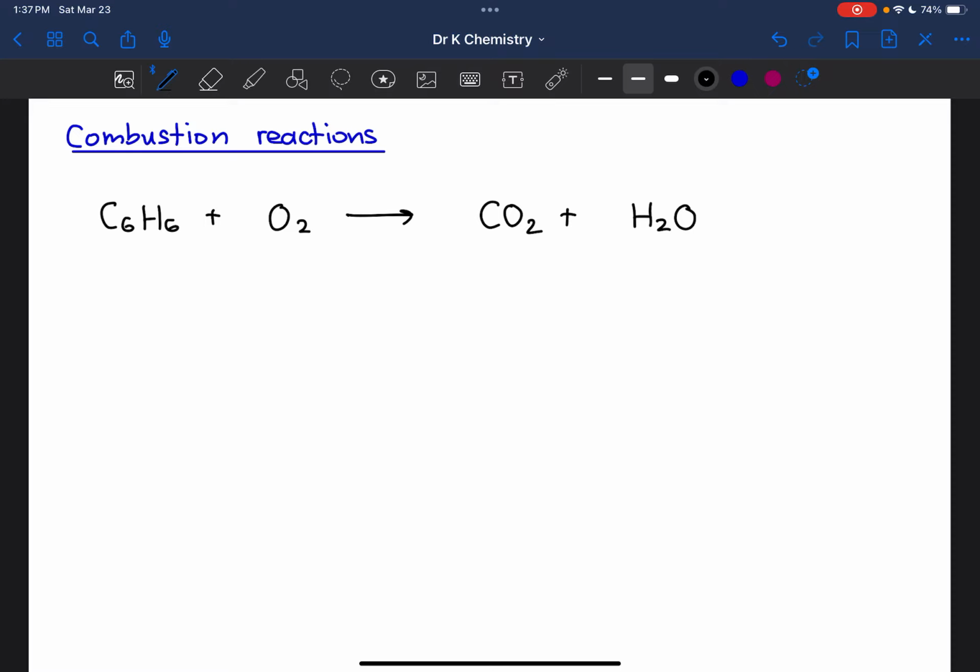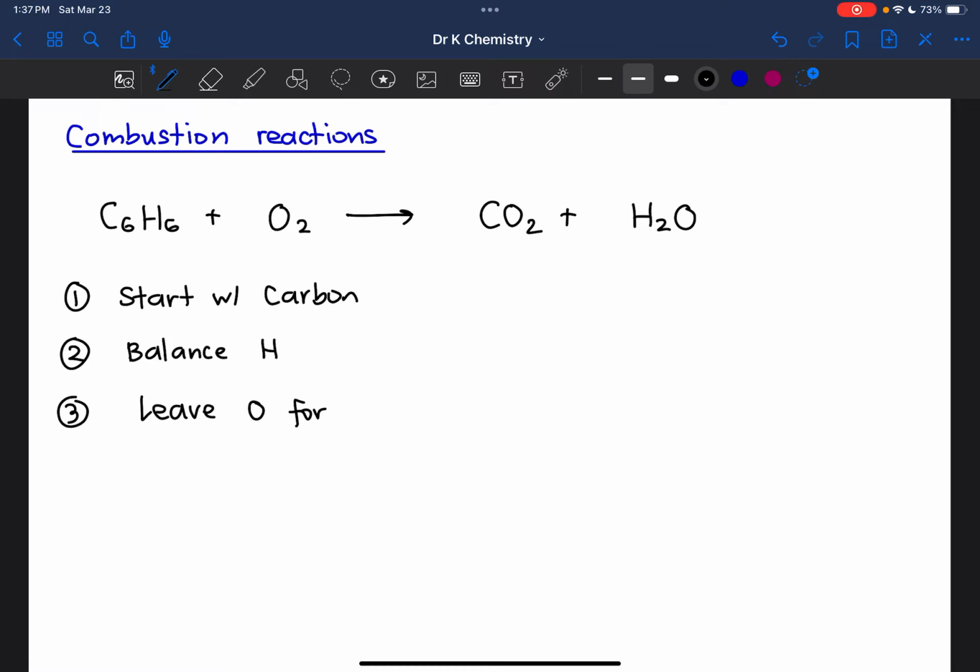So the guidelines that I recommend is start with carbon, then balance hydrogen, and leave oxygen for last.